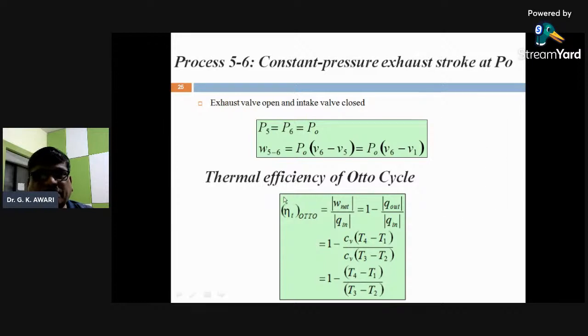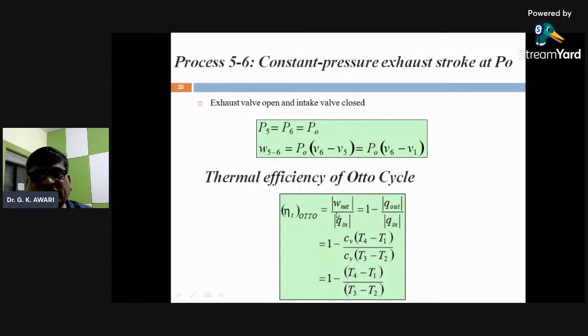So therefore, the thermal efficiency of the Otto cycle is nothing but the work done divided by the work input. The efficiency of the Otto cycle is given by W net divided by heat addition, that is Q in, which is equal to 1 minus Q out divided by Q in.